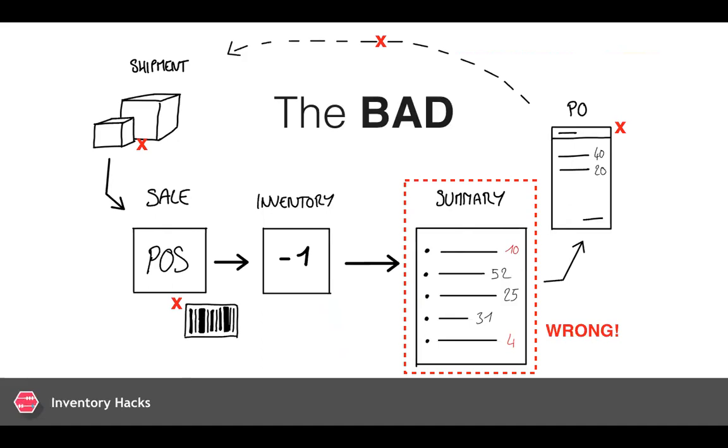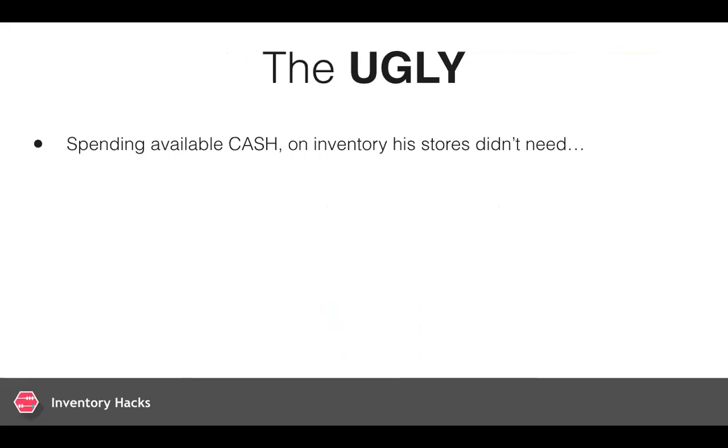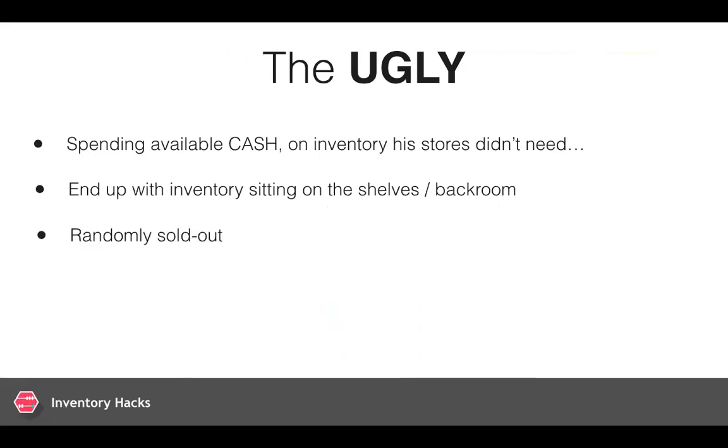Because he was running his business based on inaccurate information from his POS, all year long he was spending available cash on inventory they didn't need. He would end up with inventory sitting on the shelves or in the back room. He would randomly end up sold out on products he didn't see coming.